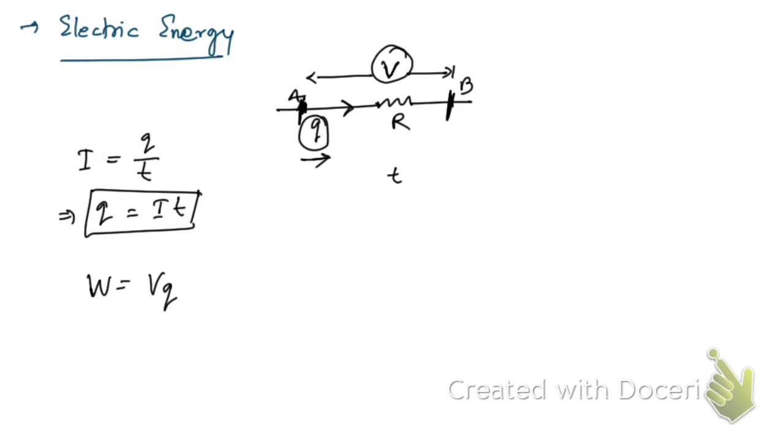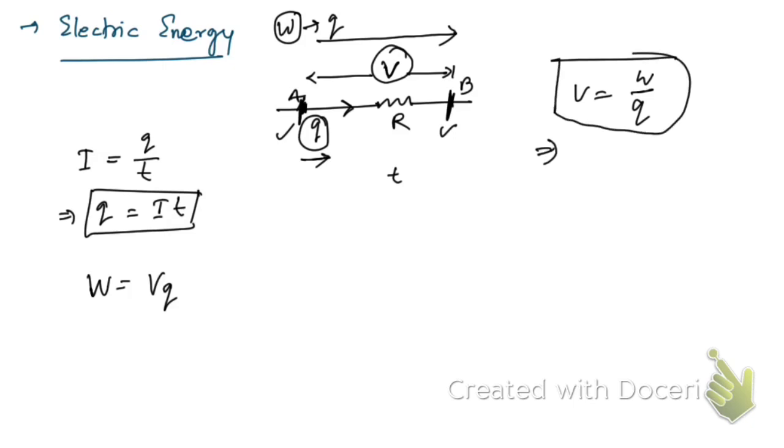If W amount of work is done to carry Q coulomb charge from this end to that end, then V is equal to W by Q. So W must be equal to V into Q, and Q is I into t, so we can write V I t.